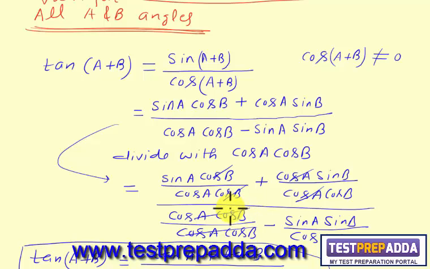In pi plus minus pi by 2, in pi plus pi by 2. So A plus B should not be equal to n pi plus pi by 2, where n belongs to integers.